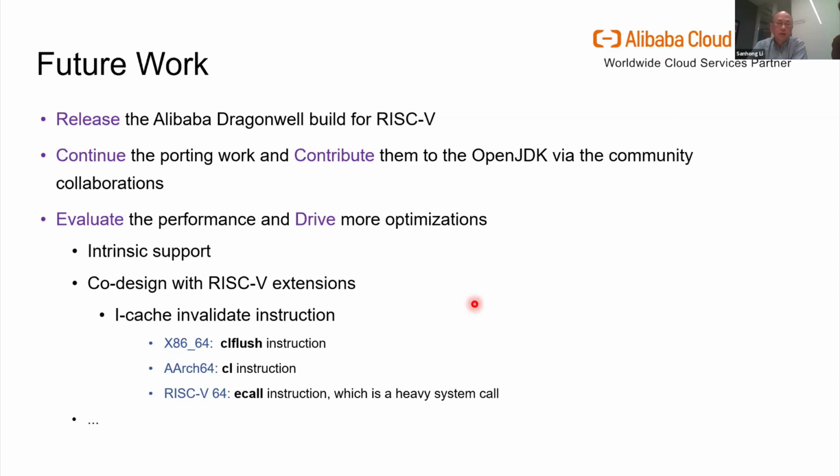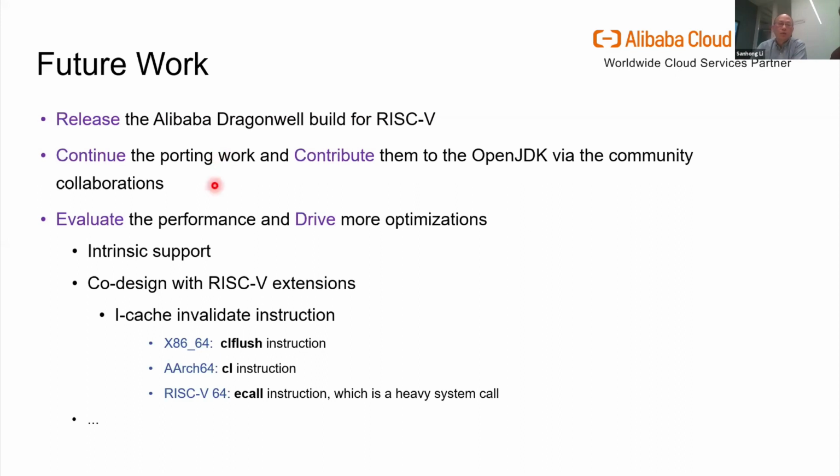On this slide, I give a short description of our future work on RISC-V. The first is that we plan to release Alibaba Dragonwell for RISC-V, and we are working on it.